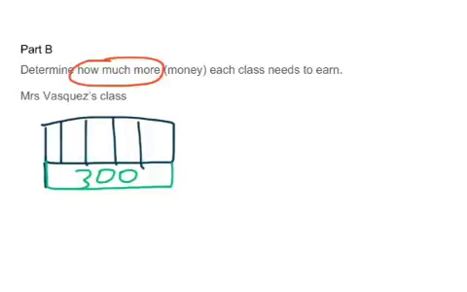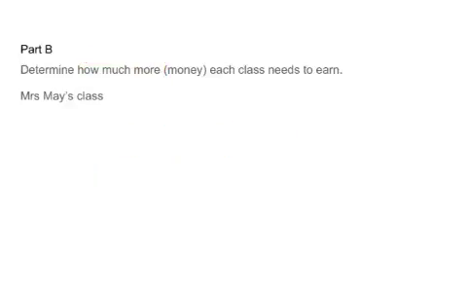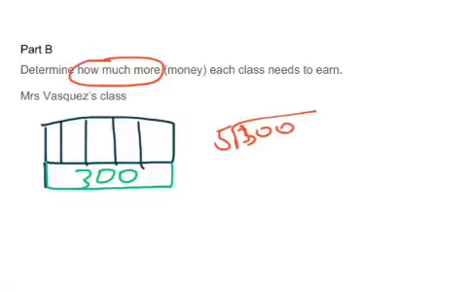There are 5 sections, so we would divide 300 by 5, and you're going to get 60. Each section is worth $60. That is one way to look at it by using that model.